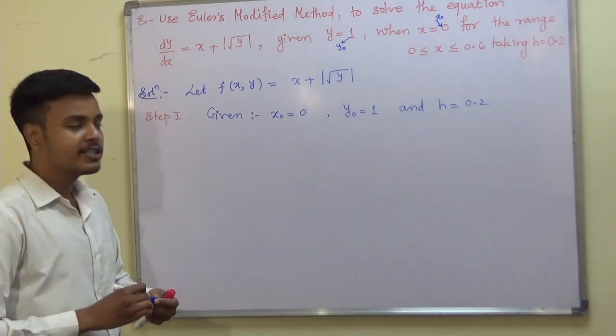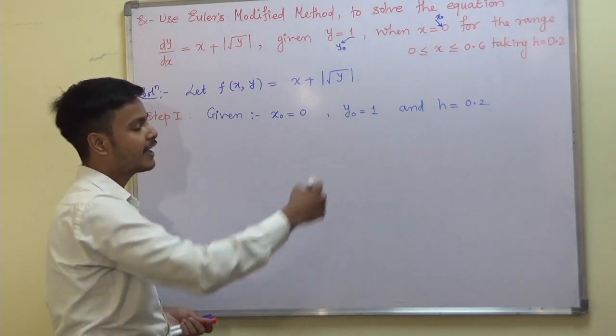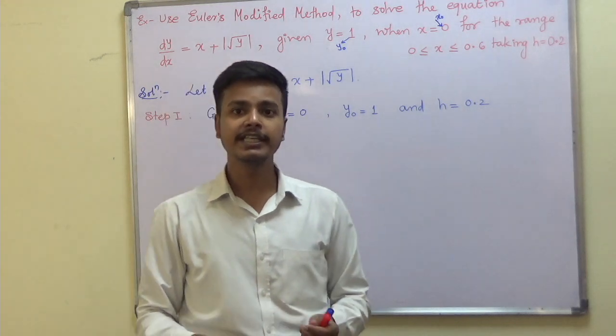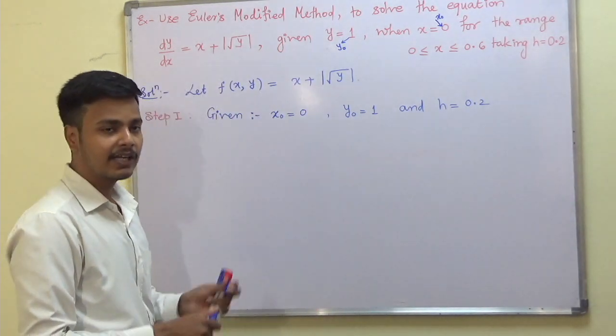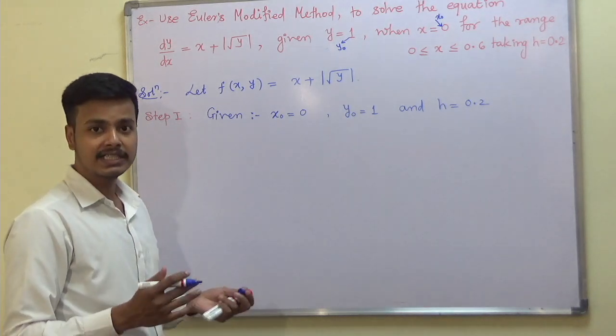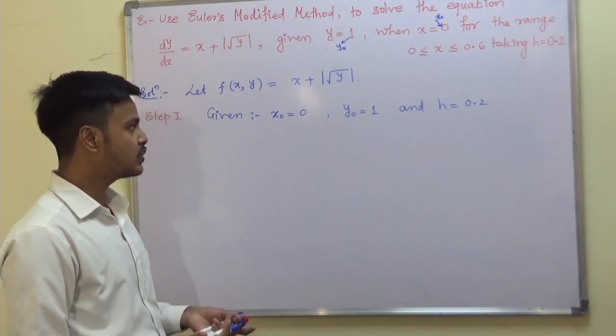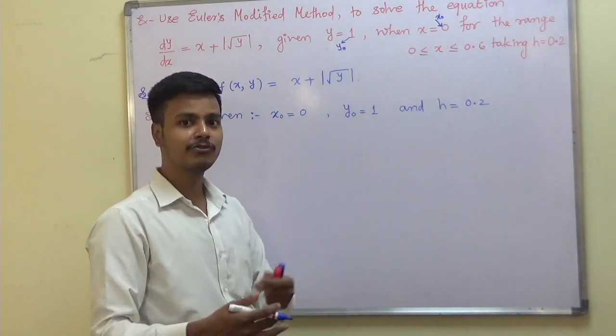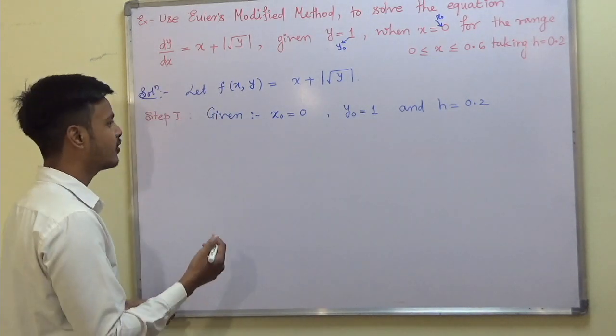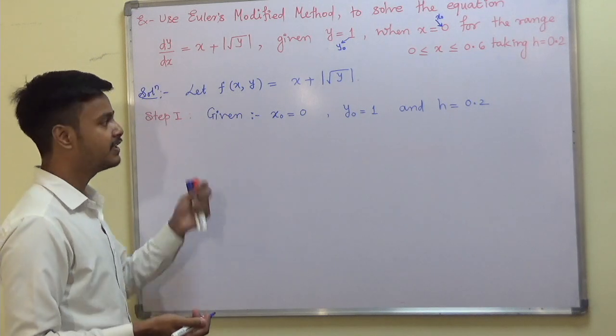Now, with the help of these values we are going to find the value of y1. The value of y1 that we will get is just the prediction of the initial solution, then we have to take the approximate value or modify the answer given by y1.